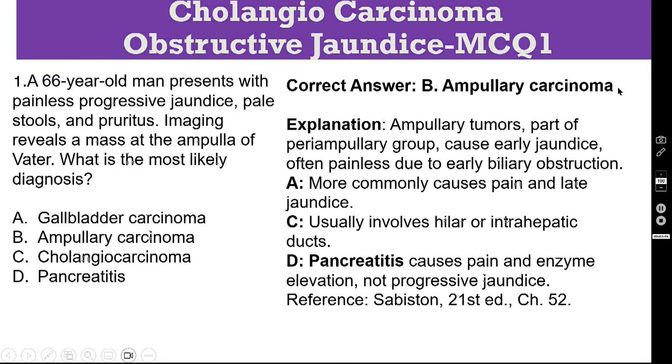Ampullary carcinoma, because ampullary tumors, part of the periampullary group, cause early jaundice, often painless due to early biliary obstruction. The other options are incorrect, because gallbladder carcinoma more commonly causes pain and very late jaundice.